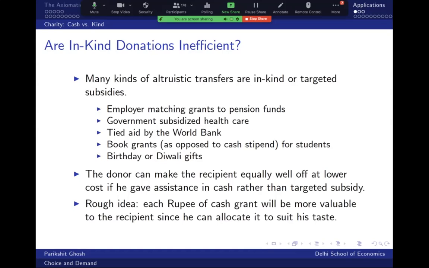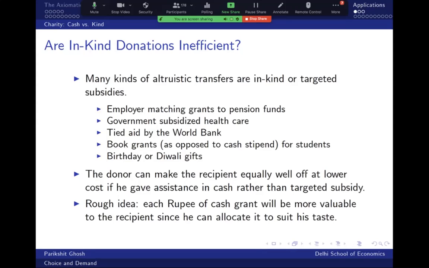In the form of book grants or rice or wheat and so on. Now, if you look at the altruistic transfers from individuals or from governments, they're often in kind or in the form of subsidies. Okay, here are some examples.